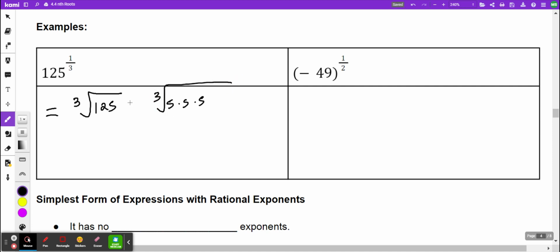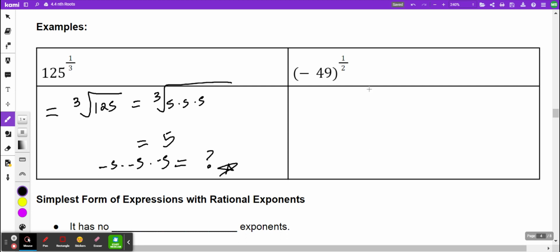So if I did the cube root of 125, I would get 5. It would just be positive 5, not negative 5, because 5 times 5 times 5 is 125. But if I had negative 5 times negative 5 times negative 5, that's equal to what? Yeah, that's not 125, that's negative.